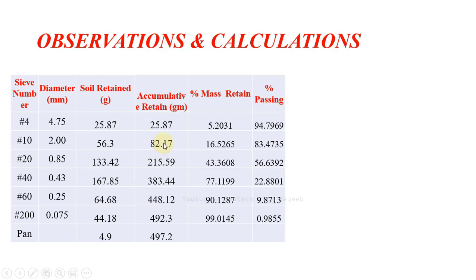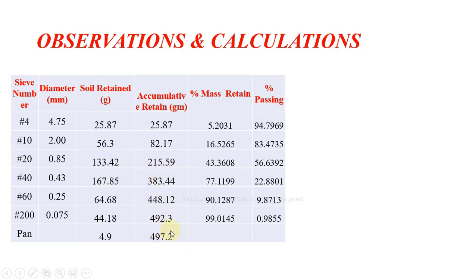Now for the next one you will add 82.17 and 133.42 grams and you will obtain 215.59. Then again you will add 215.59 and 167.85 and you will obtain 383.4, and so on.